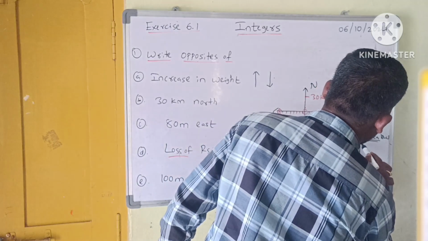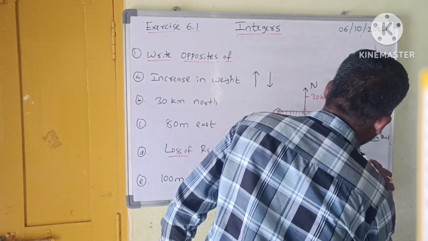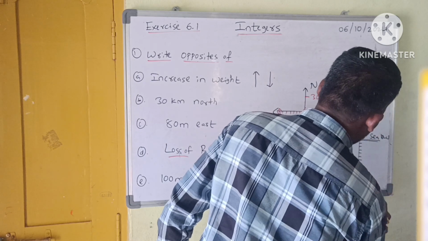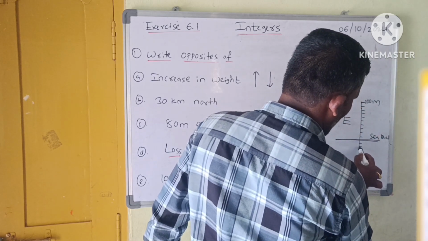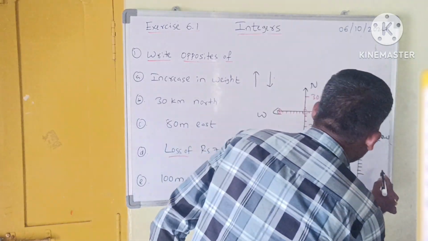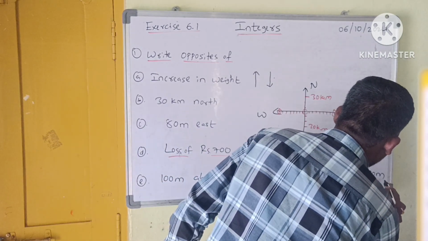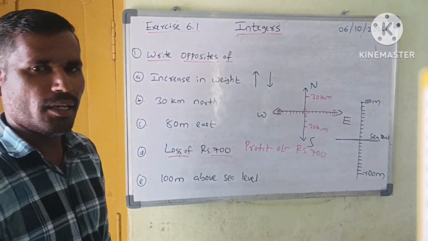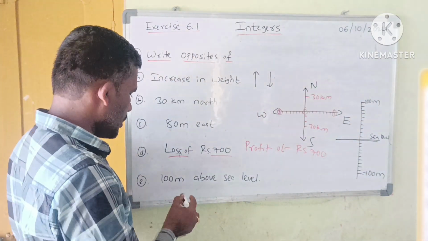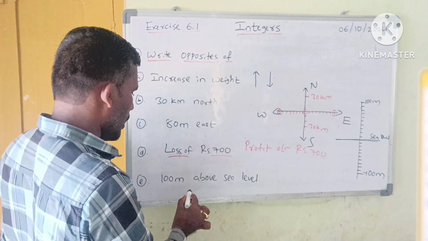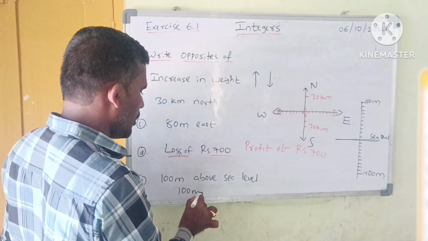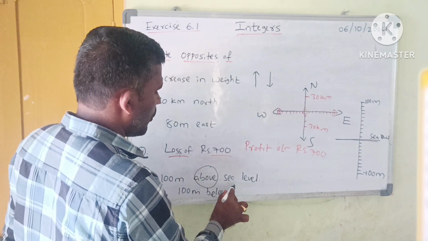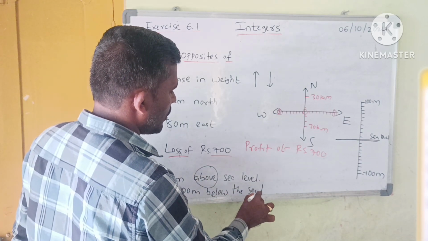So below you have to take 10, 20, 30, 40, 50, 60, 70, 80, 90, 100, that is minus 10, minus 20, minus 30, like that. Below the sea level you have to mention minus. So the answer for 100 meter above sea level is 100 meter below the sea level.